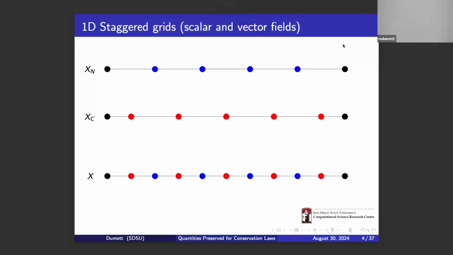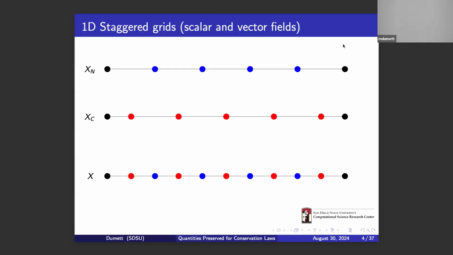A mimetic method actually works with a staggered grid. Let's try to start explaining what it is in 1D. Suppose we have an interval, and suppose we have several cells of equal size, and then you will identify two different grids: the grid for the nodes or vertices of the cells, and also another grid for the centers.